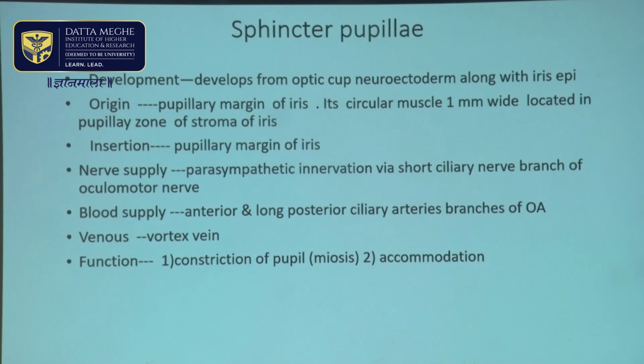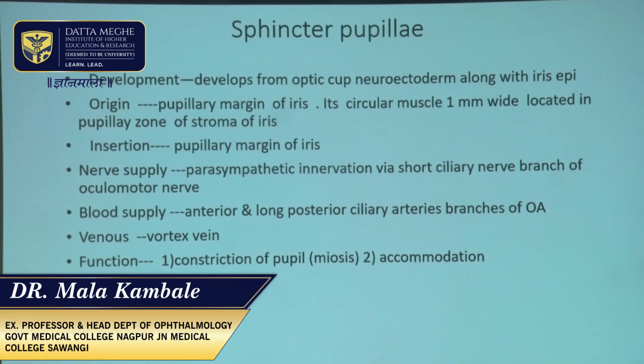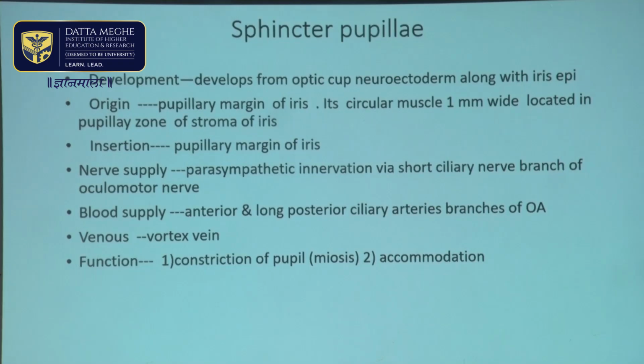Nerve supply: it has parasympathetic innervation through the short ciliary nerve, which is a branch of the oculomotor nerve. Blood supply is through the anterior and the long posterior ciliary arteries, which are branches of the ophthalmic artery. The blood is drained from the sphincter pupillae into the vortex vein, and the main function of the sphincter pupillae is the constriction of the pupil, and second is accommodation.